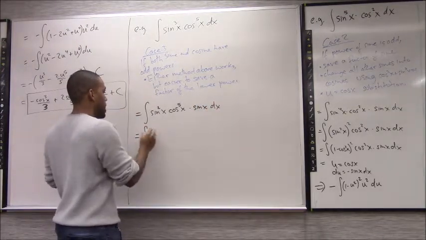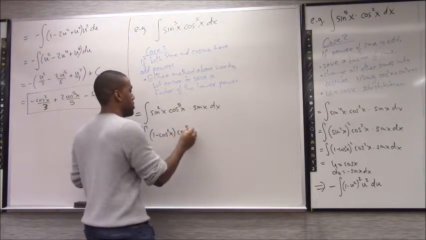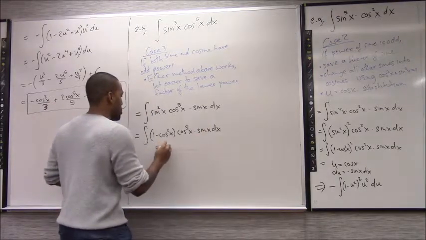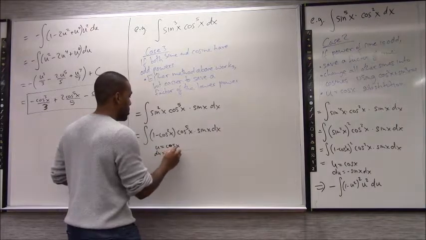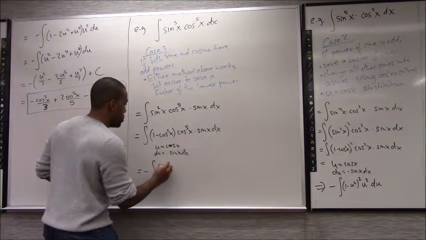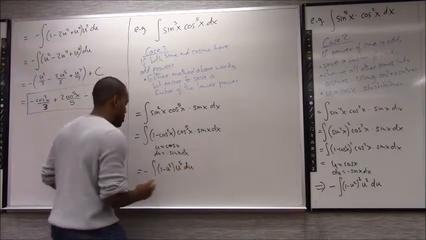I'm going to change that to 1 minus cosine squared. That's cosine to the 5th, and that's my sine. u equals cosine, du equals minus sine. So my integral becomes the integral of 1 minus u squared times u to the 5th du.